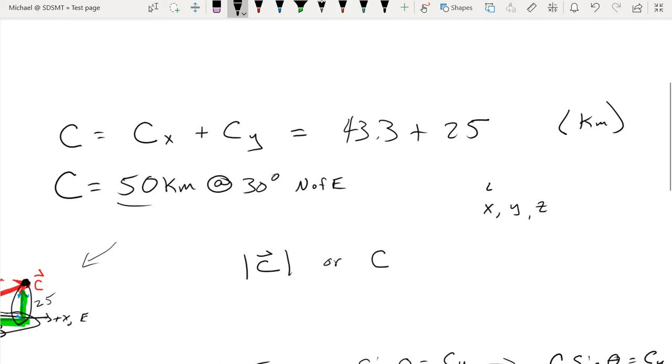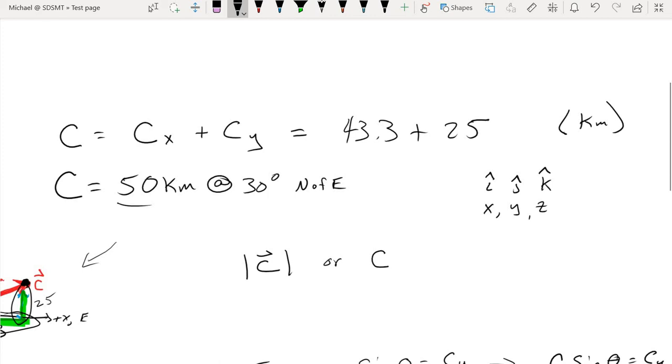So we're going to use i, j, and k. Respectively, i, or i hat, will denote anything that sits along the x-axis. j hat will denote anything that lies along the y-axis, and k hat will denote anything on the z-axis.